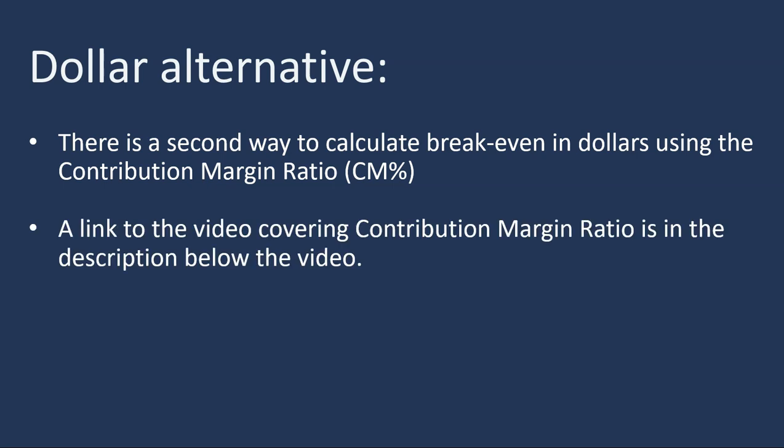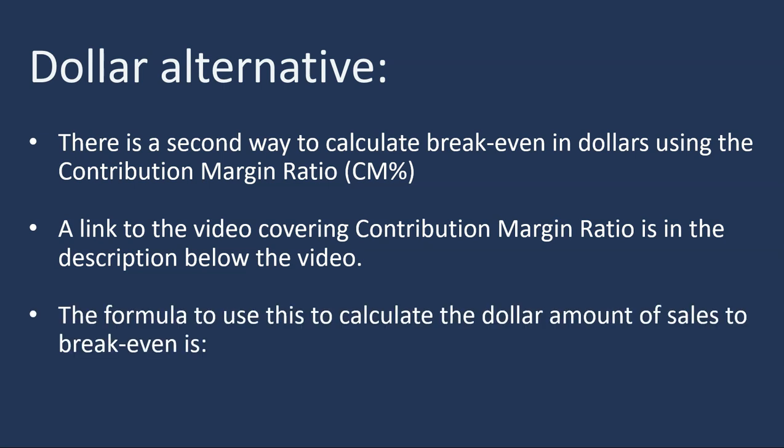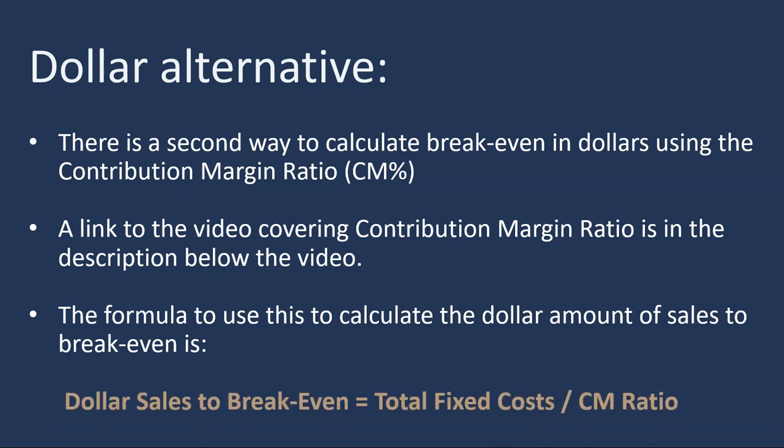We have another video for the contribution margin ratio because this is a little bit of a different topic in the context of talking about contribution margin, and there's a link below this video to go through that calculation, but did want to cover this real quick in terms of the formula. You would use this to directly calculate the dollar amount of sales to break even. You take the total fixed cost and then you divide it by that contribution margin ratio. And again, we can cover the ratio by looking at the other video provided in the description.